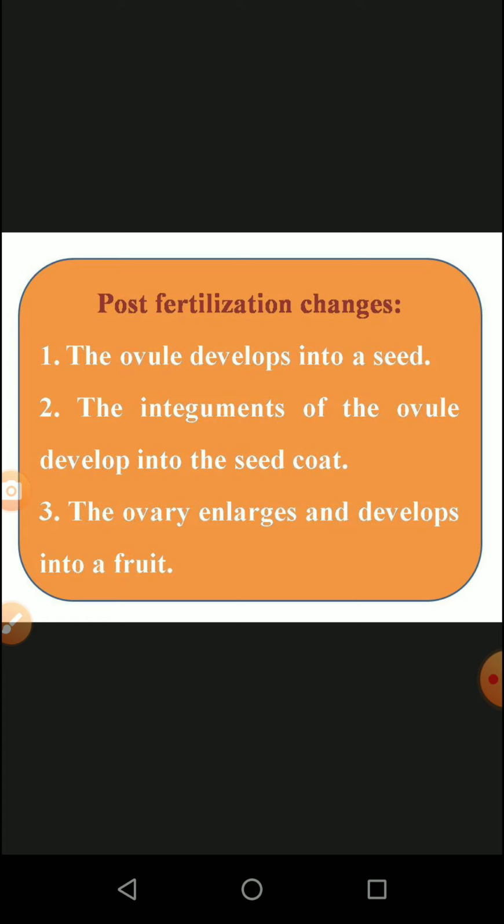The ovary enlarges and develops into the fruit. Again, the ovules develop into the seed, so the seed is available inside and covered with the seed coat. The seed coat is fully covered by the fruit. When we open the fruit, we find the seed, and inside the seed, the ovule.